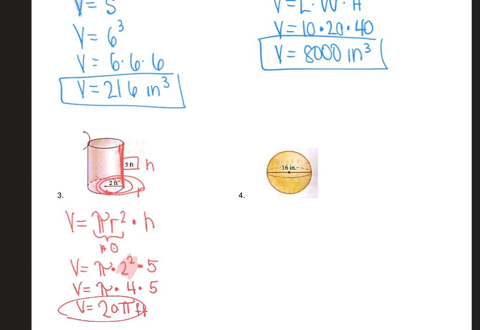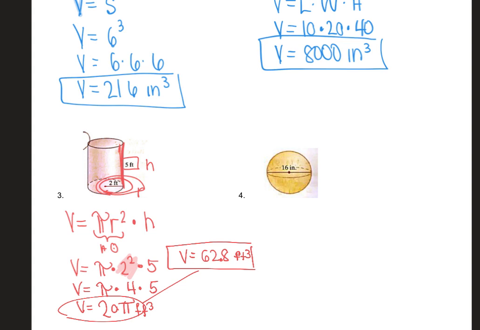I would put feet to the third. I'm allowed to leave my answers in pi. If I don't want to leave my answers in pi, I write 3.14 as pi, and I do 20 times that, and I get 62.8 feet cubed, or to the third. And I'm all done. Either one of those works.